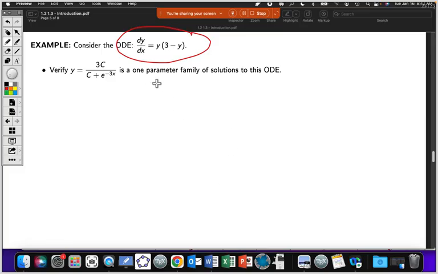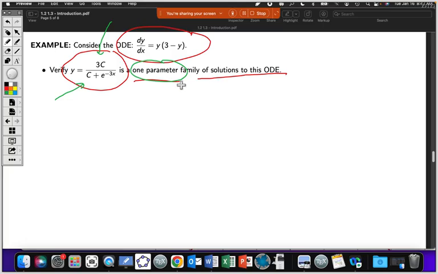We're asked to verify that this is a one parameter family of solutions. The one parameter part corresponds to the fact that we have this constant C, and it's the same C in both places. There's only one parameter here. We don't have a C1 and a C2, we just have the C.